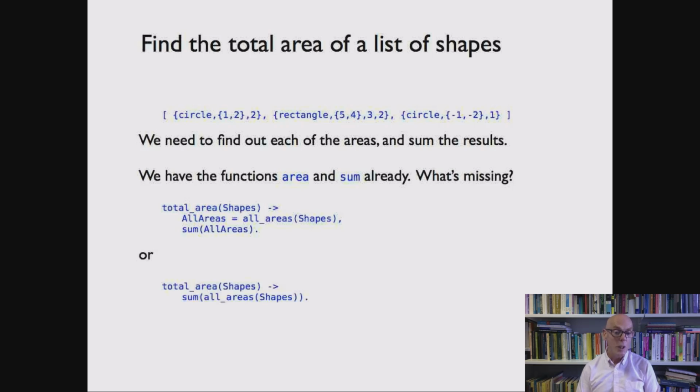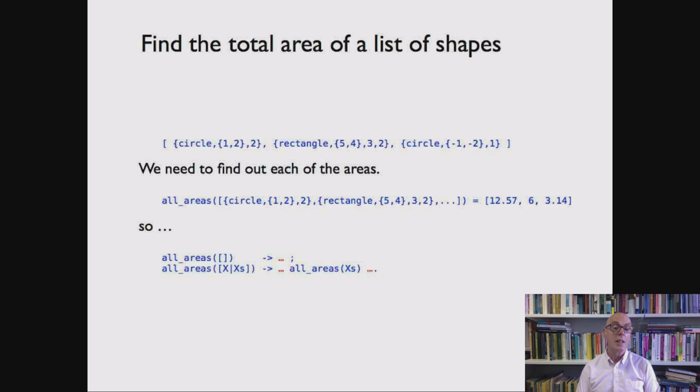But of course we could write it even more simply as a function composition again. First apply all areas to the shapes, that will give us a list of areas, and then apply sum to the result. So what we need to do in order to define total area is to define this function all areas. And what that does is take a list of shapes and give us back the list of areas that it contains.